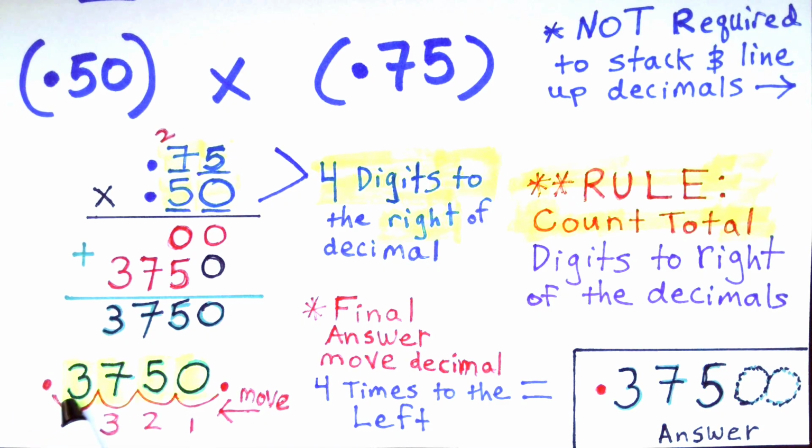Place the decimal in front of the 3, and you have your final answer. 0.375, and I'm showing you invisible zeros that go on and on forever. 0.375 is all we really need. We don't have to show the placeholder of the zeros, but you could if you wanted to. Really, that's up to you, right? Or you can say this is 375 thousandths, right? 375 thousandths.